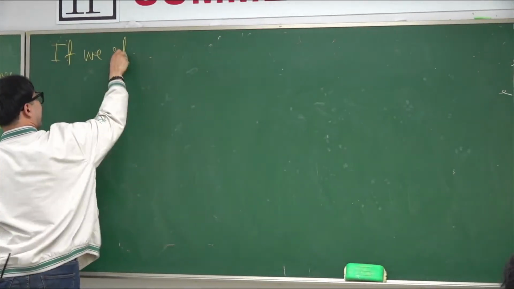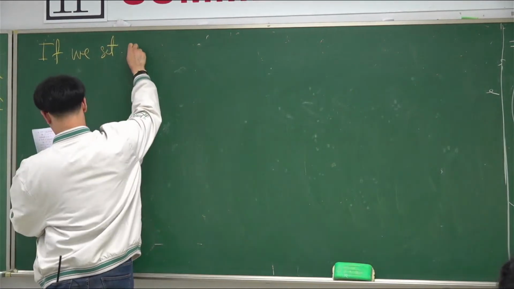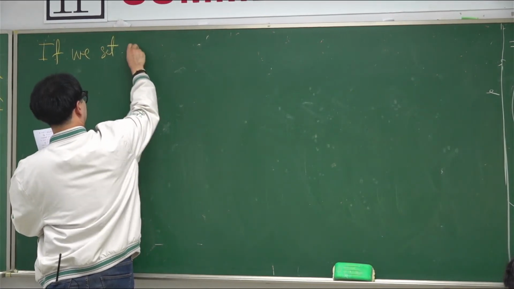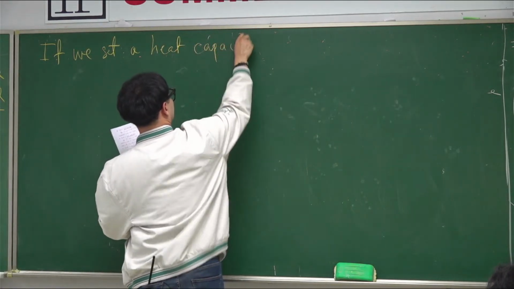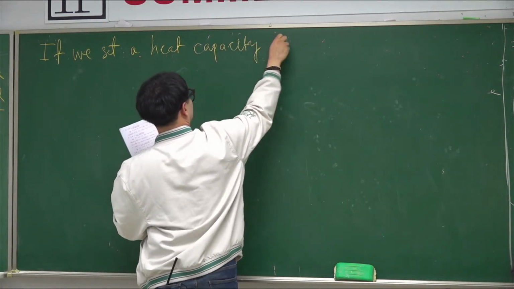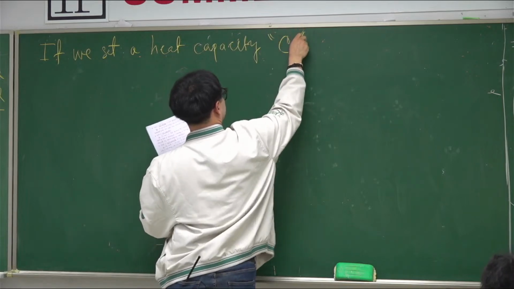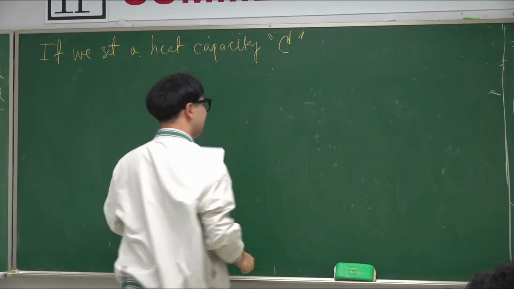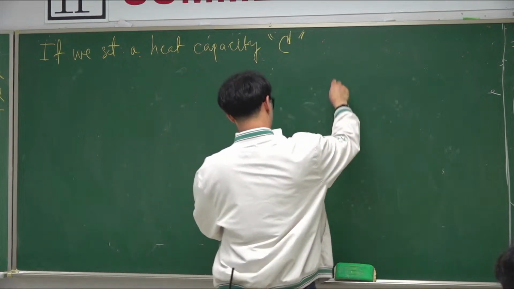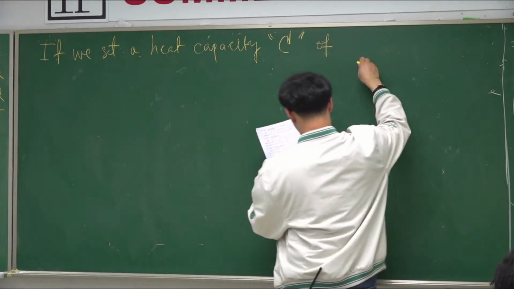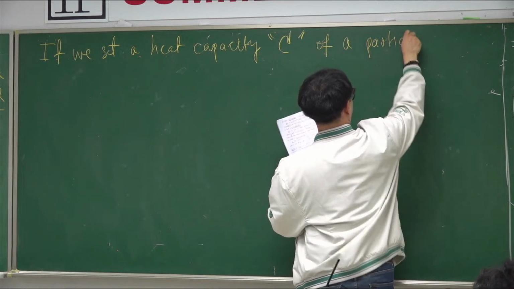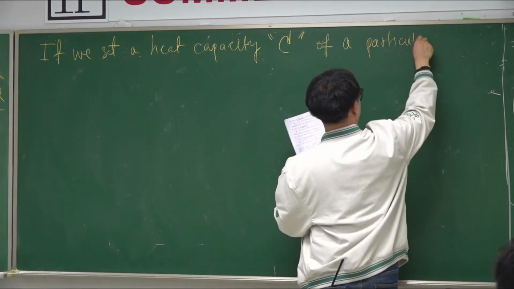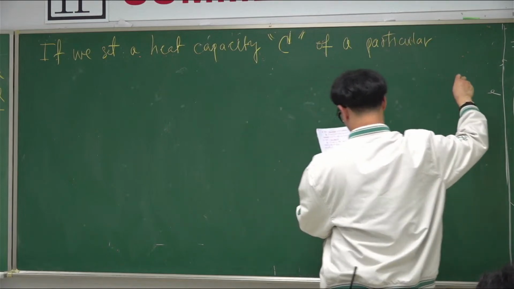So if we set a heat capacity, so normally we use this symbol capital C as a heat capacity of a particular sample.